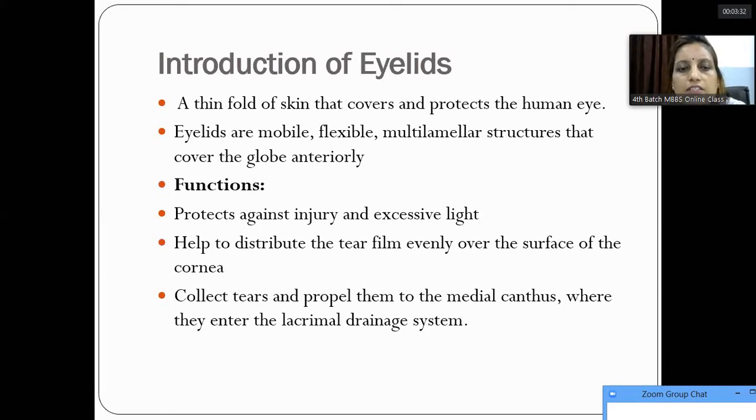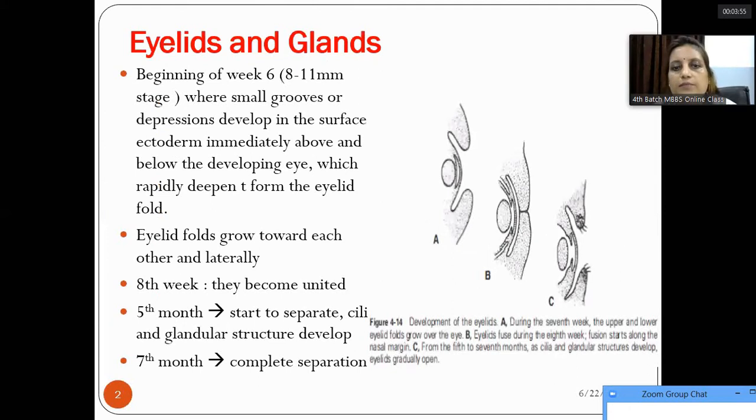The tears come from different glands, mainly from the lacrimal gland, which is present at the upper and lateral side. Through the tear film, the tears pass to the medial canthus and are drained. How the tear is drained, we will discuss later in the following chapter.